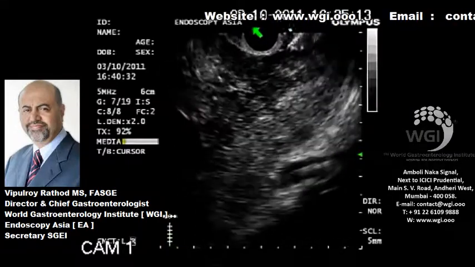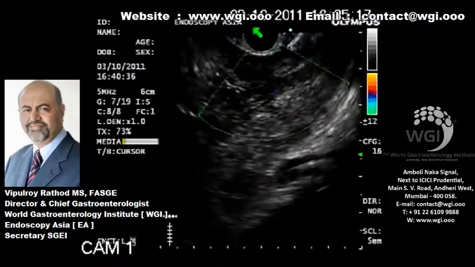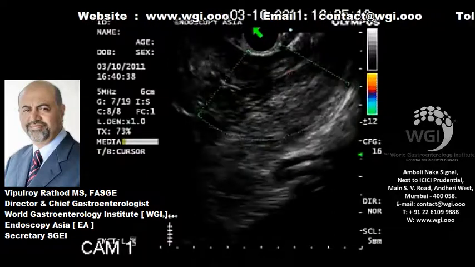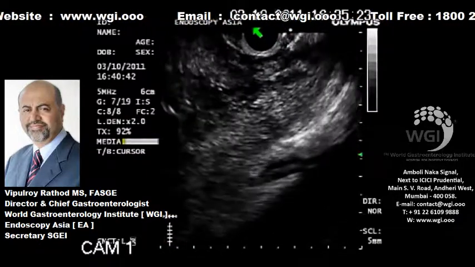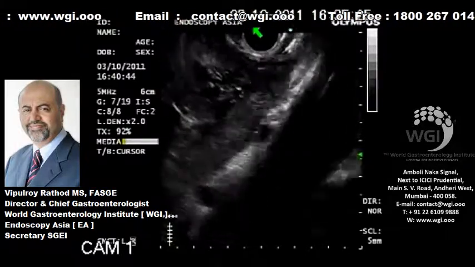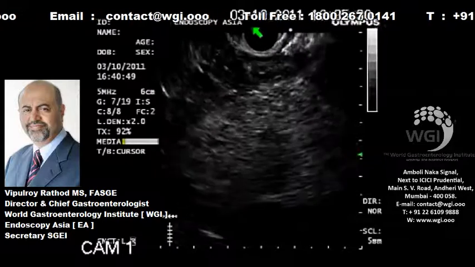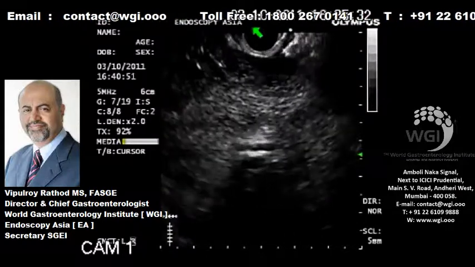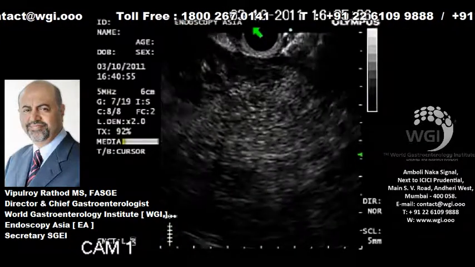So now we have adjusted our color Doppler signal. I'm going predominantly in the solid substance of the lesion rather than going into the fluid part. So we'll just check our trajectory and axis, that we are not hitting any fluid part. Yes, we are not, because we want to have tissue diagnosis of the solid component of the lesion.